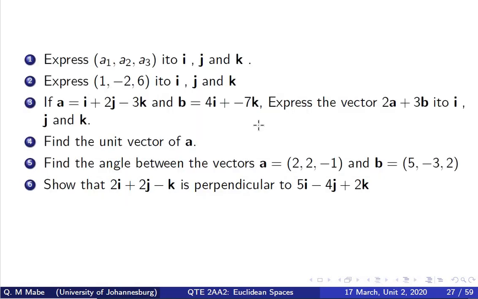So in number 2, if we can just go back to remember what the question was. We were asked to express (1, -2, 6) in terms of i, j, and k.